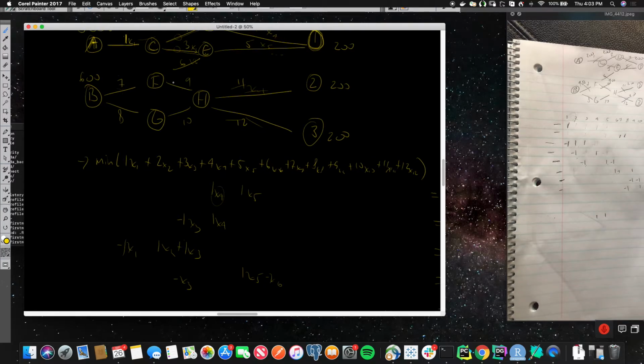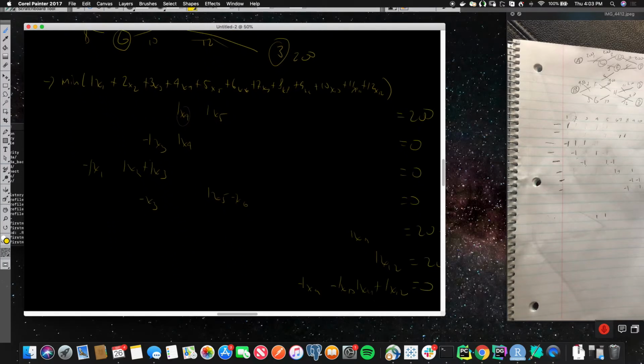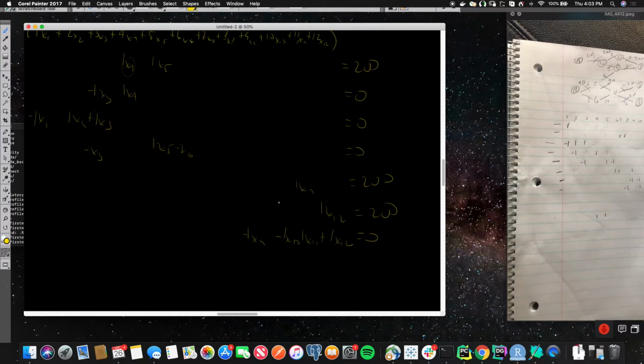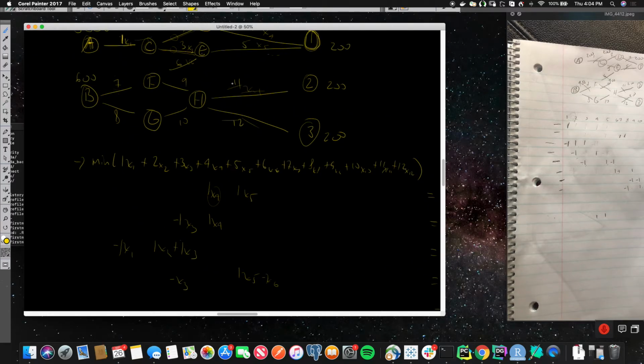So now we have this pathway going backwards. So we've got 1x9 minus 1x7 is equal to 0. All right.